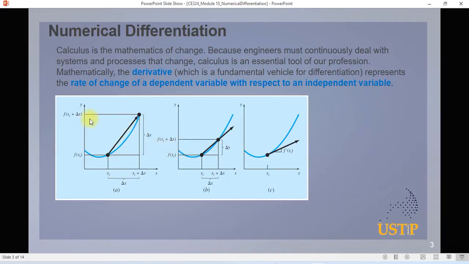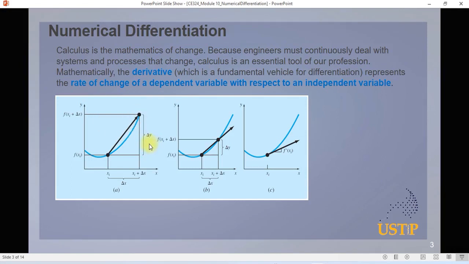On the first illustration, we have f of xi plus delta x, which refers to the function f of x substituted with xi plus delta x, or simply xi plus 1, given that the difference between xi and xi plus 1 is just delta x. The difference between those two function values is delta y.